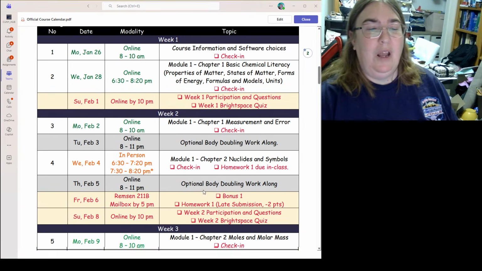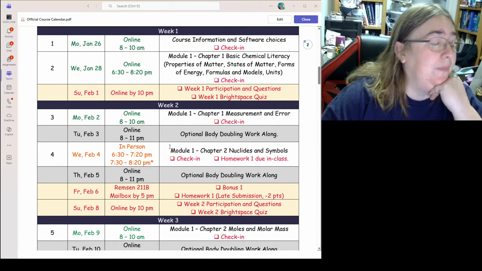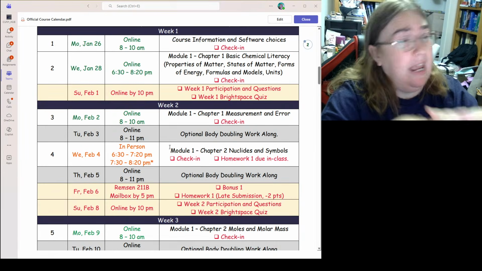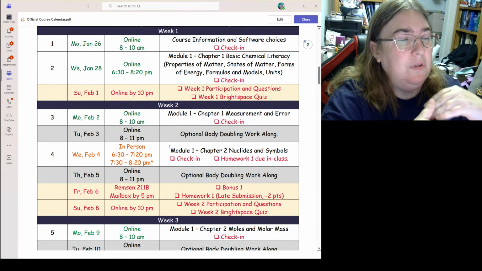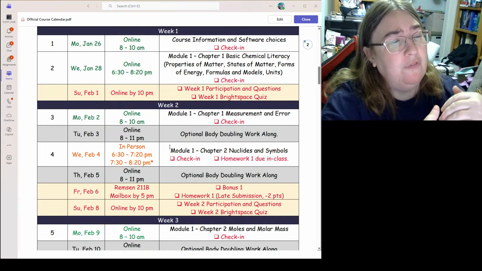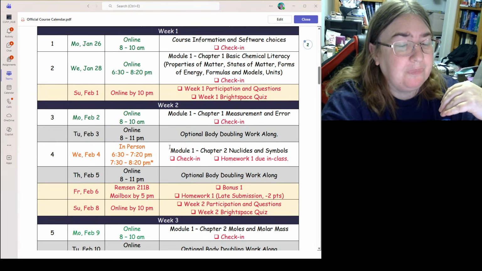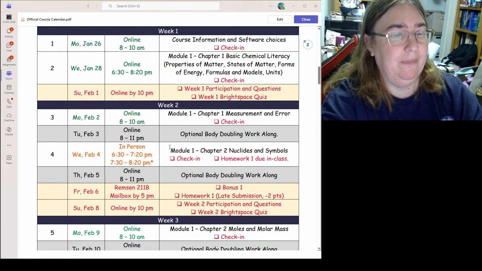Now, notice these gray boxes. These are optional. If you have ADHD, one of the issues that comes with neurodivergence, also comes a little bit with autism, is the inability to start something.